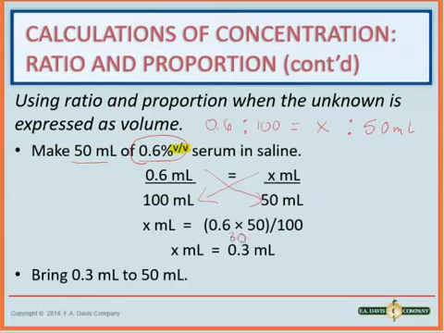And then 100 times x is 100x. And then of course if you want to get the x by itself, then you would divide by 100. And 30 divided by 100 is 0.3. So that's going to be your answer. x is going to be 0.3 milliliters.